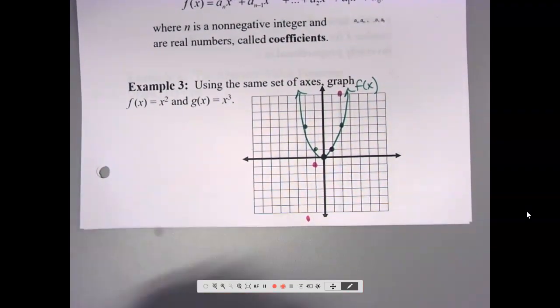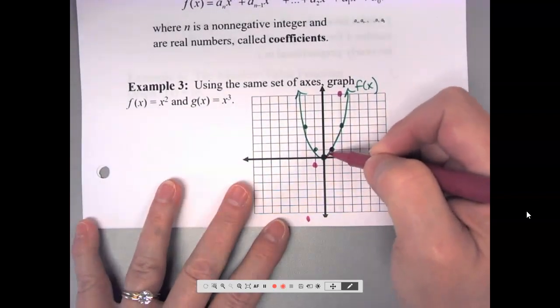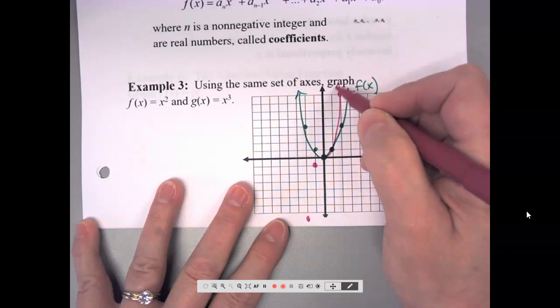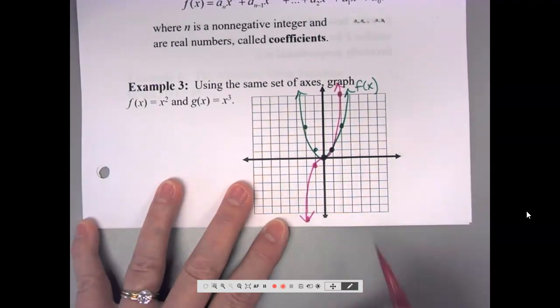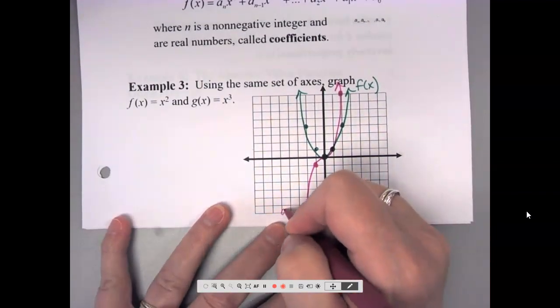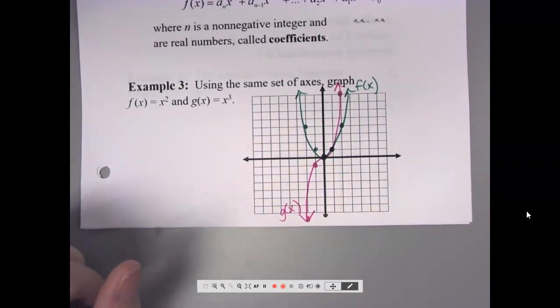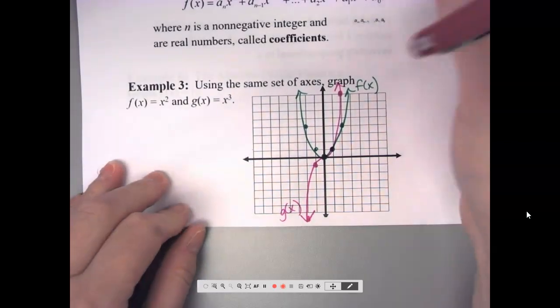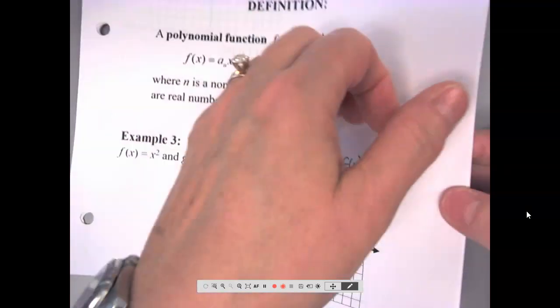Is it a line maybe? No. There we go. That is our cube function, or I'm just going to label that g of x. If it was more complicated, then I'd probably type it in my calculator and get a few exact ordered pairs.